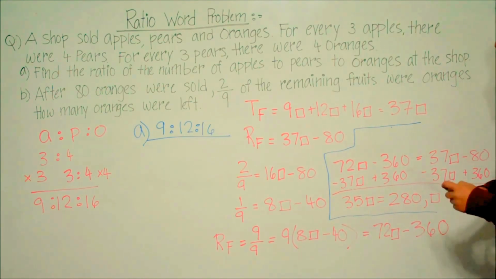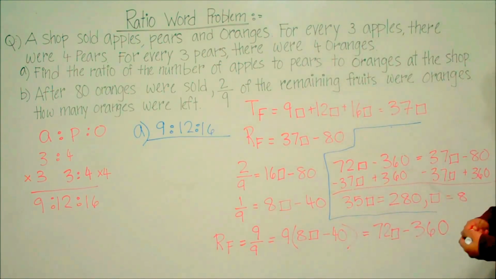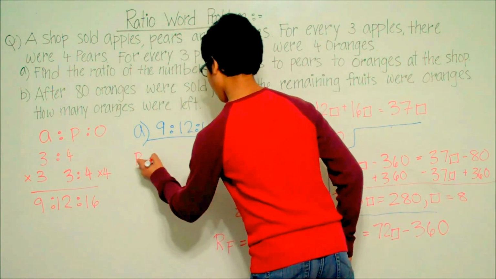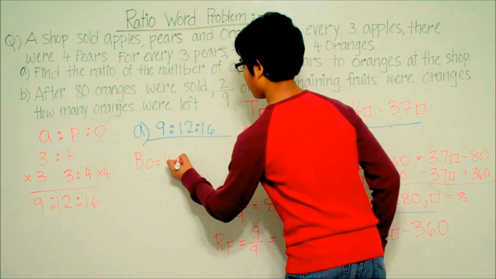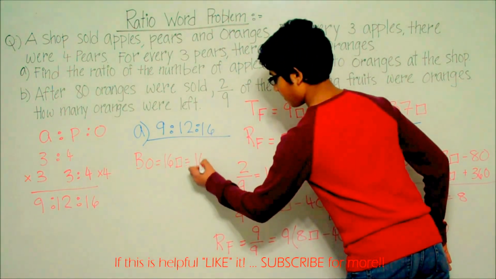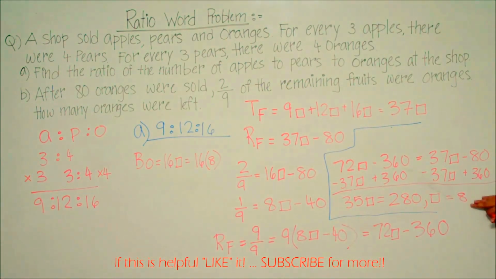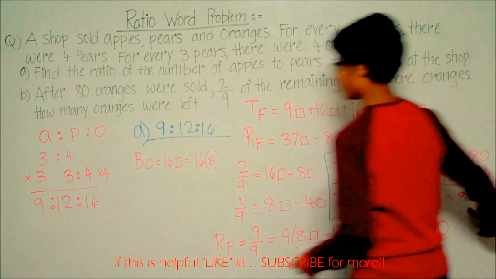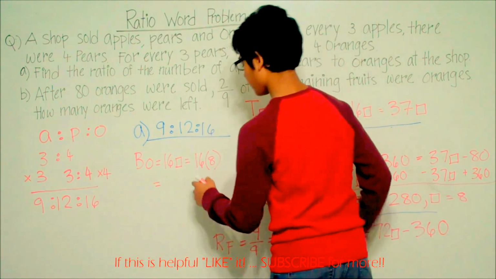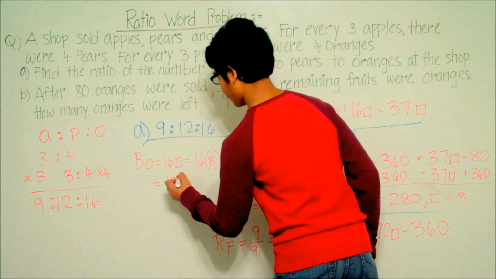Now we need to find how many oranges were left. We know that the beginning number of oranges, BO, is equal to 16 units, which is equal to 16 times 8, because each unit is equal to 8. 16 times 8 is equal to 128 oranges.